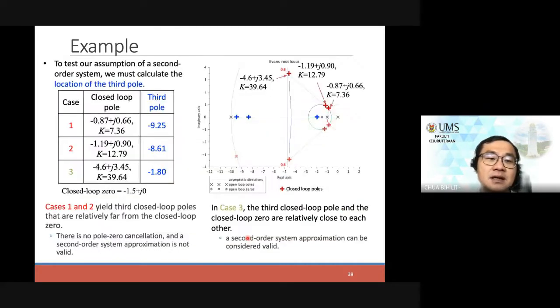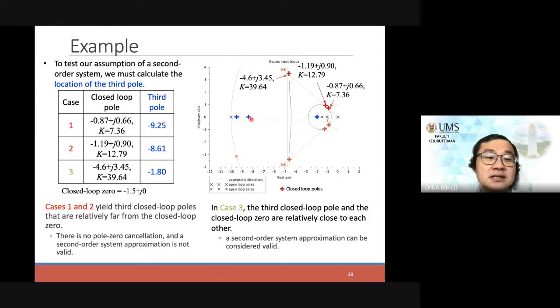And here is the location of the third pole. What it means here is that for case 1, when we select the closed loop pole to be in this way, the third pole will occur at around -9.25.